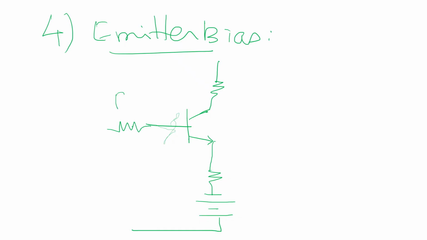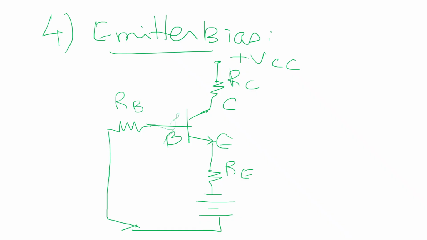I am connecting a resistor RB to the base terminal, a resistor RC to the collector terminal, supplied with plus VCC supply voltage. So we have three resistors: RC, RB and RE. The emitter terminal is supplied with negative voltage, where the other terminal is grounded. I'll try to mark the currents flowing in the circuit.